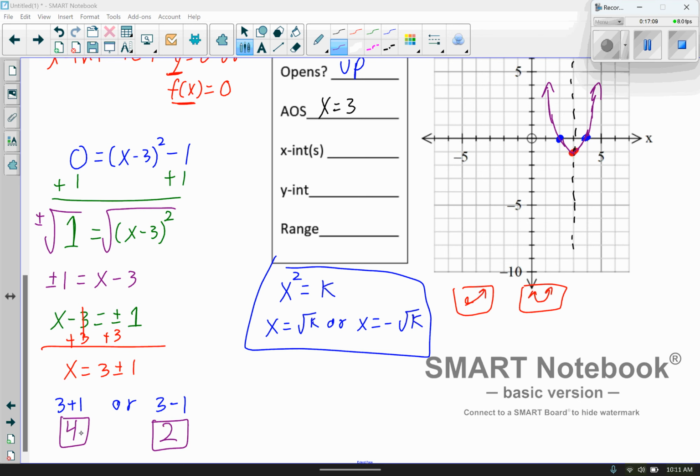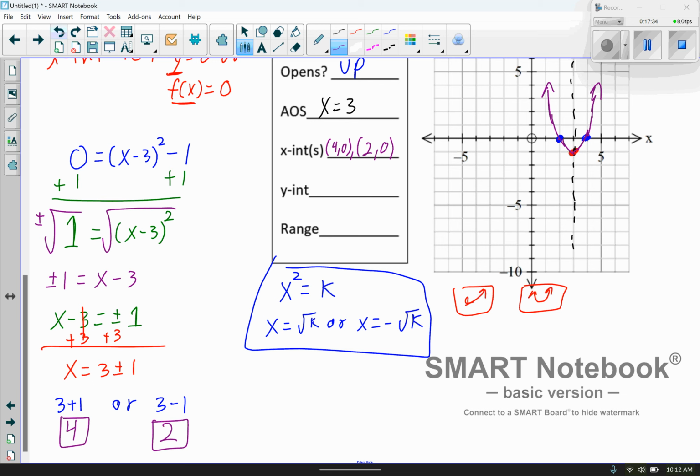So now I figured out where my intercepts on my x-axis are. They're at 4 and 2. On the homework, you're going to want to list them as ordered pairs, so it's going to be (4, 0) and (2, 0). The order you list them should not matter. You can see them right there: there's the (2, 0) right here, and then the (4, 0) right there.